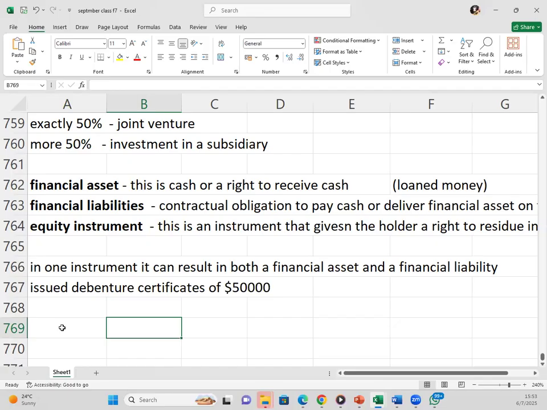But to us who have received the payment, to us who have borrowed the money, it is a financial liability. To the lender, it is a financial asset, because they are entitled to receive money. They have a right to receive cash. But to us, it's a financial liability. Why is it a liability? We are supposed to pay.